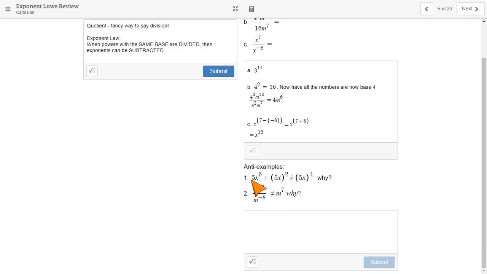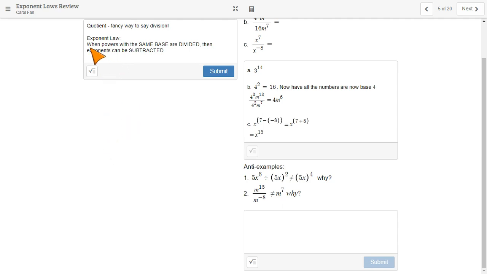Okay, our first one here, I have 5x to the power of 6 divided by bracket 5x all to the power of 2. This doesn't equal 5x all to the power of 4. Why is that? Let's go back to our rule.